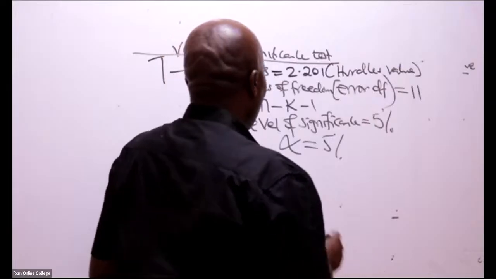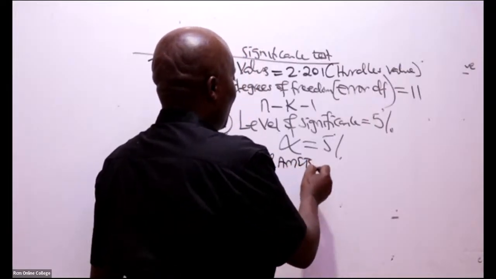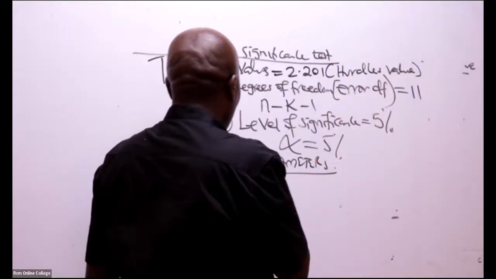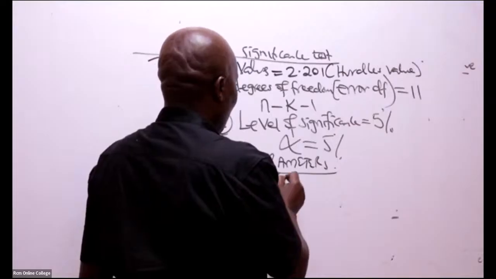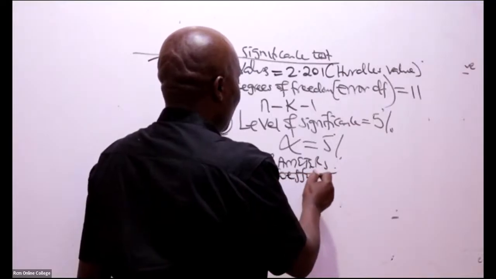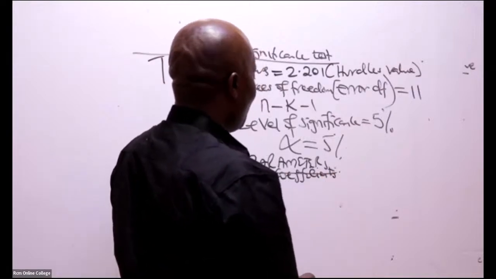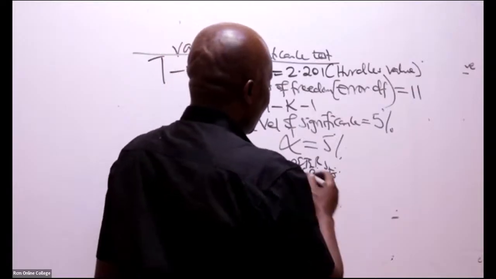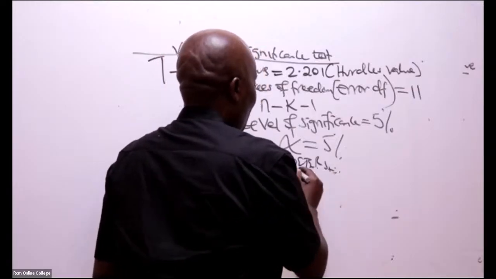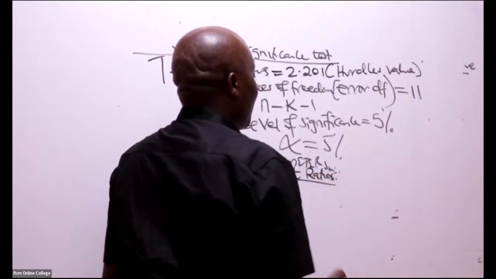So come and give us your parameters. What do we have? There are 3 of them. We have the constant, and then of course the coefficients. Then we have the t ratios, the t calculated.